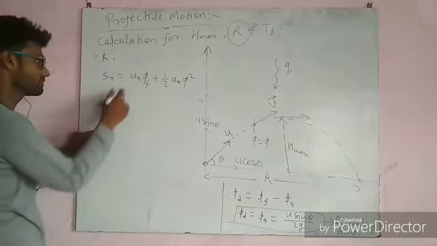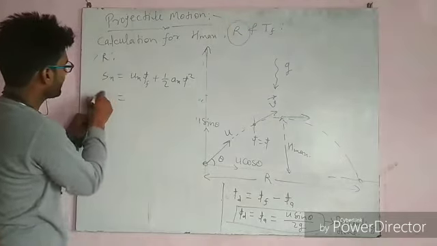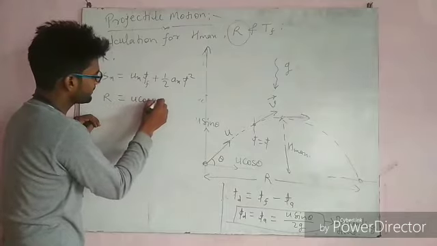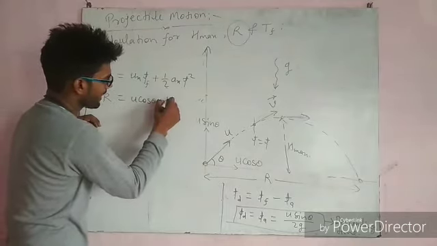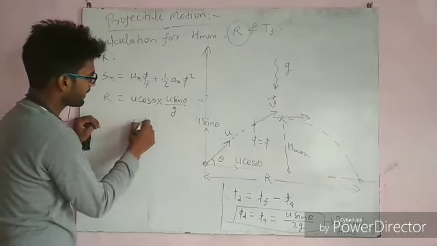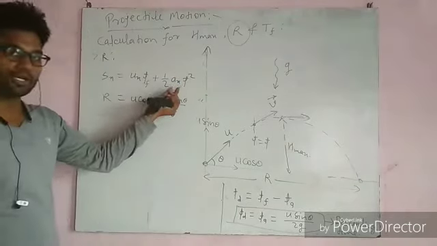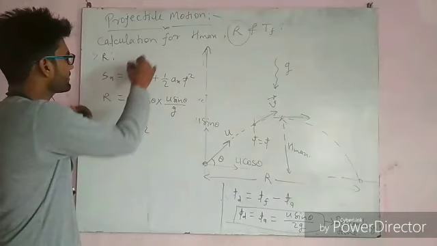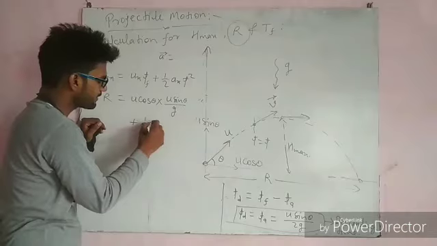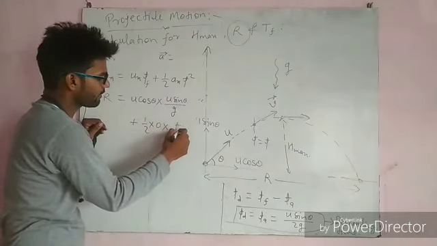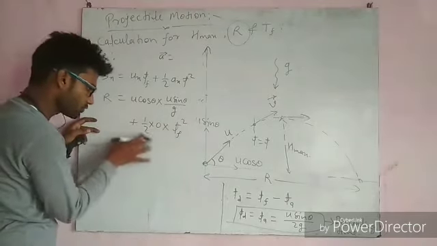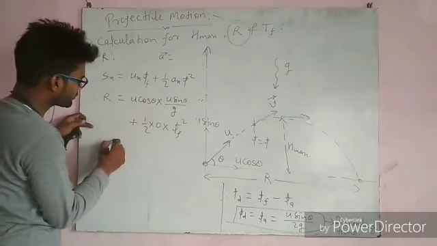So we can write Sx equal to R, u cos theta into Tf, the time of flight we have calculated, 2u sin theta divided by g, plus half ax t square. Previously I wrote the total acceleration component, and from there you can see that ax is 0. That means the x component of acceleration is 0, so this total term will become 0.